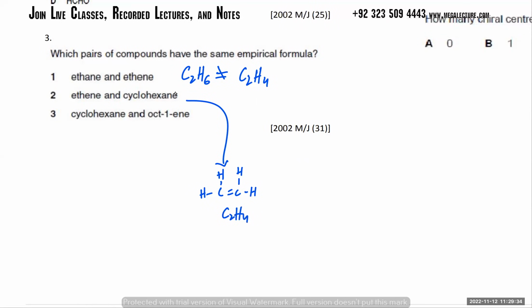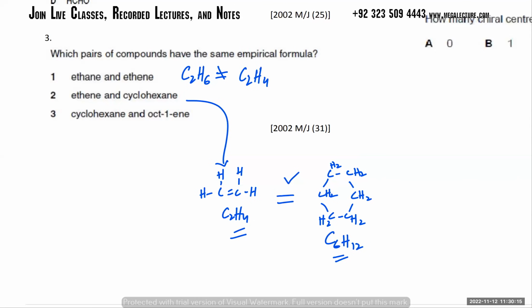And cyclohexane has 6 carbon atoms, each one with 2 hydrogens, so that is C6H12. Remember this: alkenes and cycloalkanes have the same general formula. Both of them are 1:2, so their empirical formulas are exactly the same.